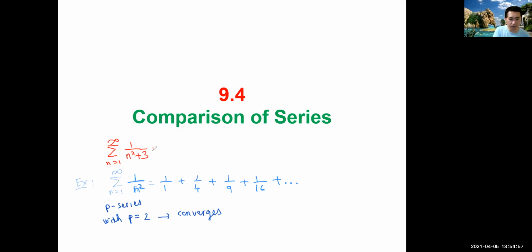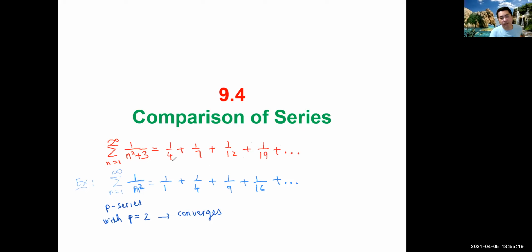If we write it down explicitly, it's going to be 1/4, then 1/7, then 1/12, and 1 over 19, and continue.